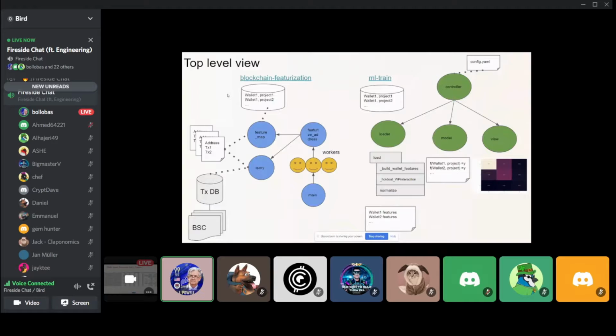Okay, the nice part about the right side is that if you have different ideas about what the model should be and how it should be configured, multiple data scientists can explore different models on their own while having the same controller, loader, and view.